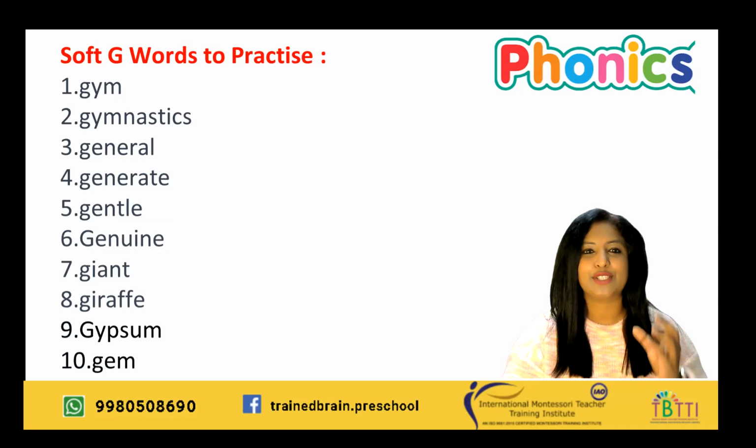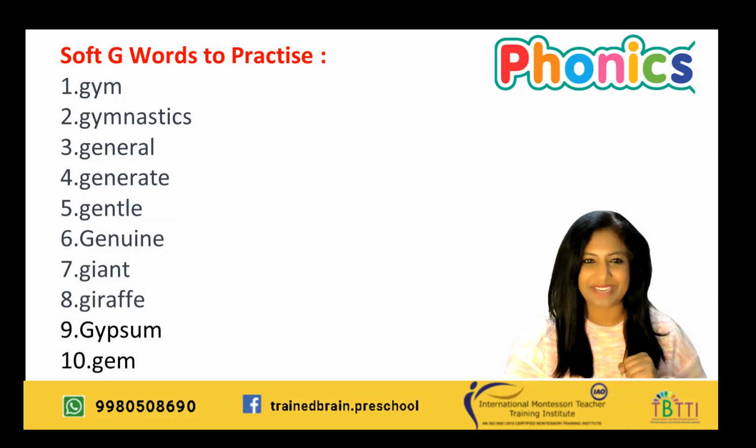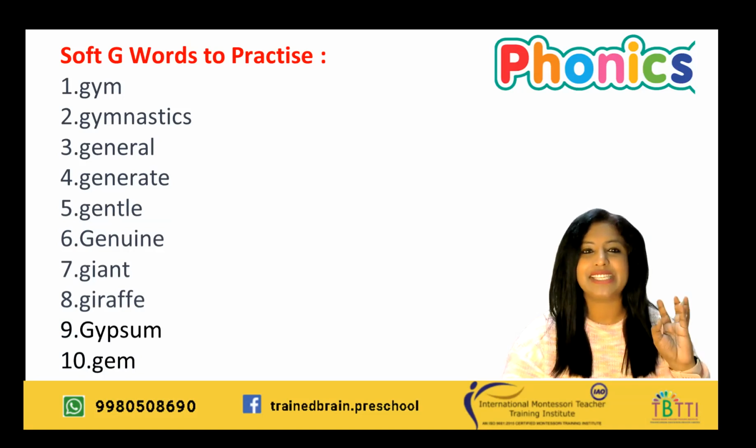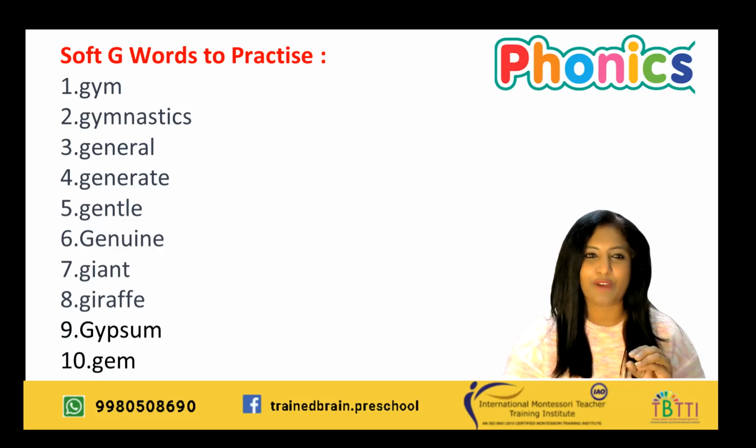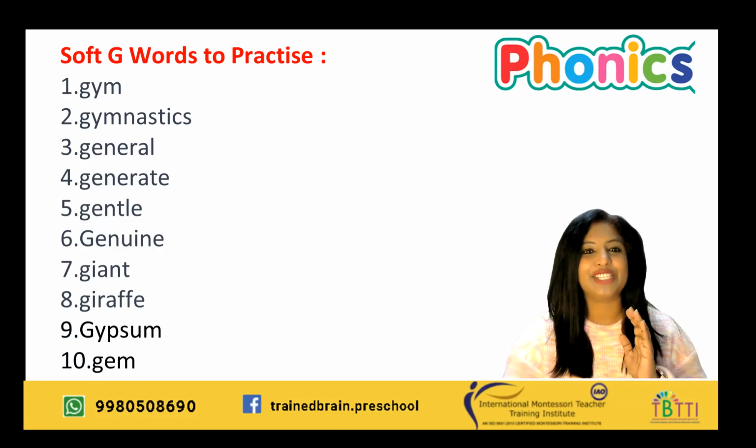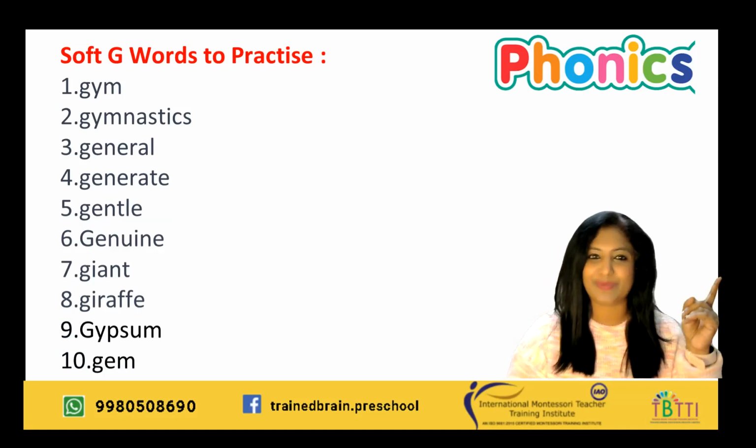So that's the soft sound of the letter G. So don't forget, when the letter G is followed by the vowels A, O, and U, it's the hard sound G. When I have my letter G followed by my vowels E, I, and Y, it's the soft sound, that is J. So the vowel combinations are the same as for the previous rule also.